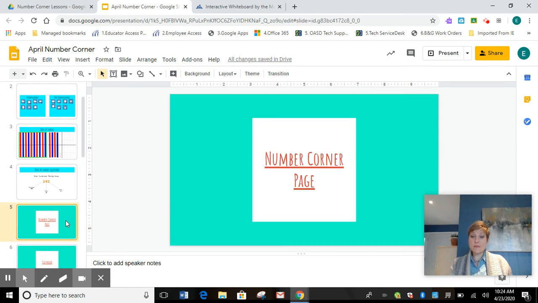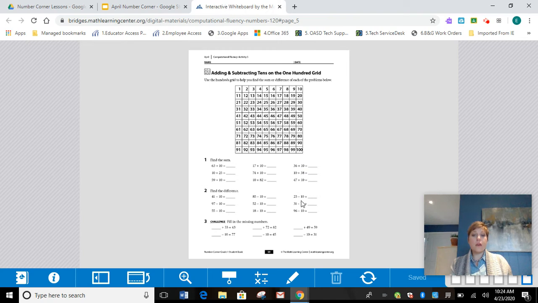First graders, the last thing we need to do is talk about your Number Corner page today. You're going to find this page in Seesaw. Now, this page is going to look kind of small for you.